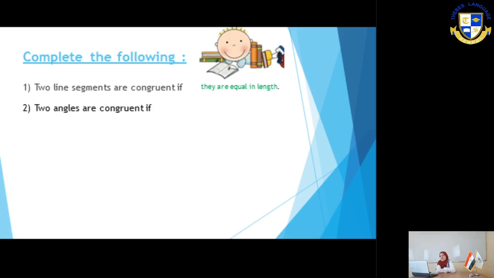Complete the following. Number 1: two line segments are congruent if they are equal in length. Number 2: two angles are congruent if they are equal in measure.